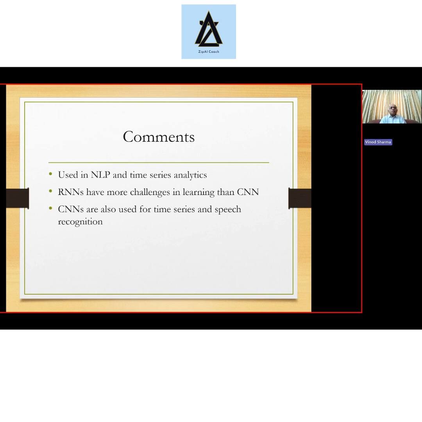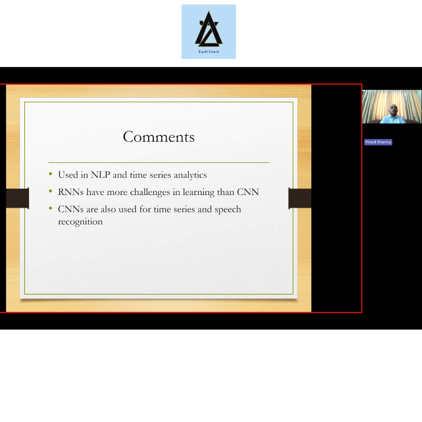GRU and LSTM are used in NLP, natural language processing, and time series analysis. As we explained earlier for RNN, we have a backpropagation type of algorithm. However, the challenge is in the learning of RNN, because of long-term dependence, more than in feed-forward networks like CNN.